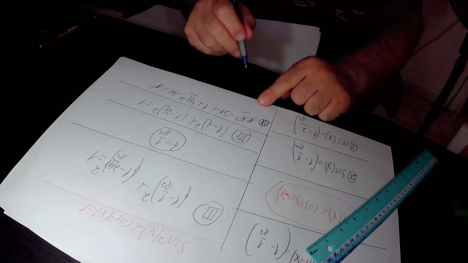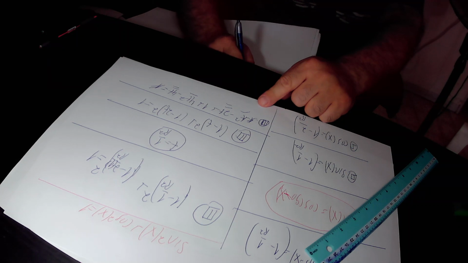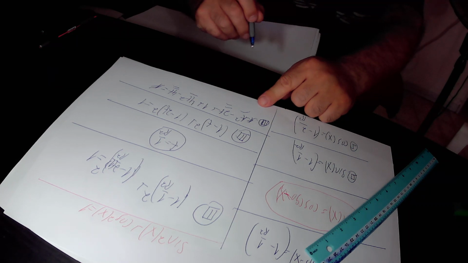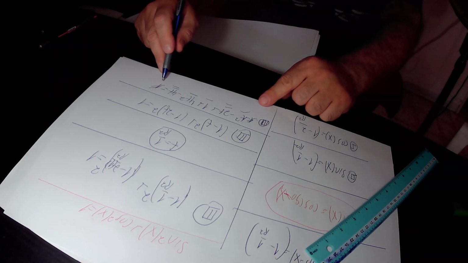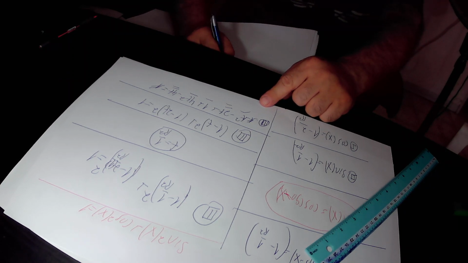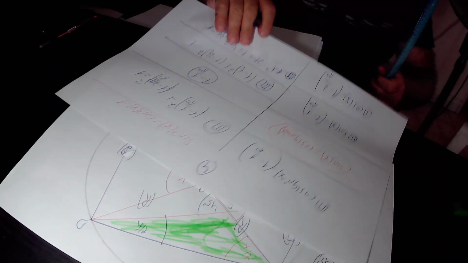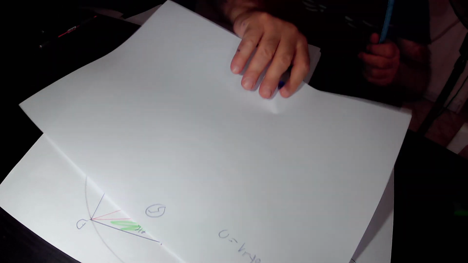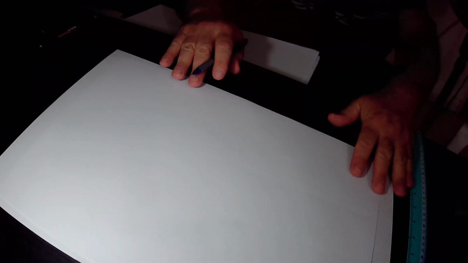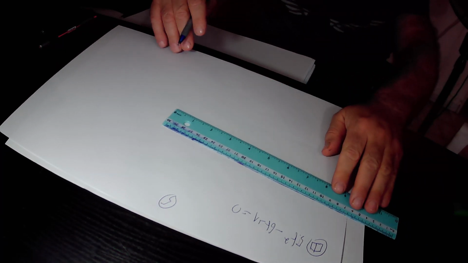And we have minus 2t minus 4t, which is minus 6t. And we have also plus 1, and it equals 0. So in conclusion, according to equation 3, 5t squared minus 6t plus 1 equals 0.